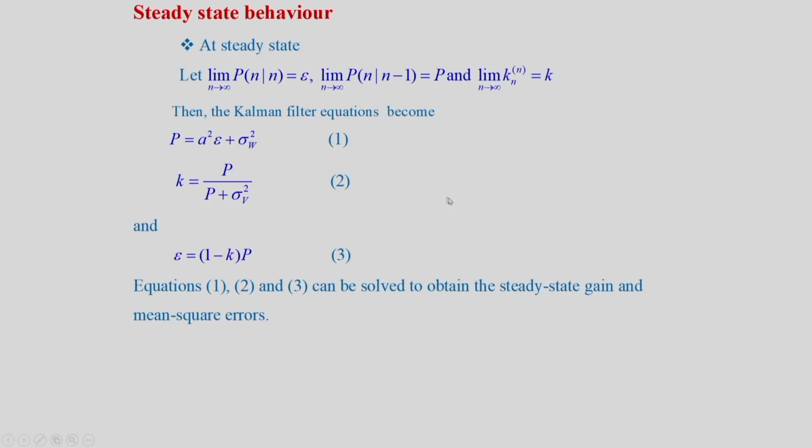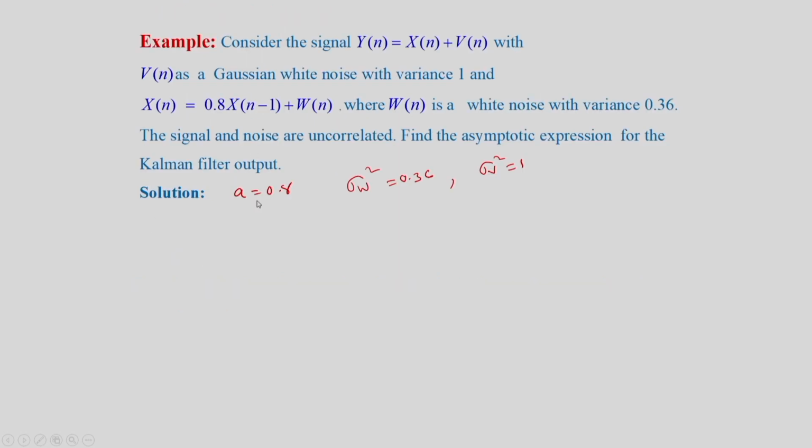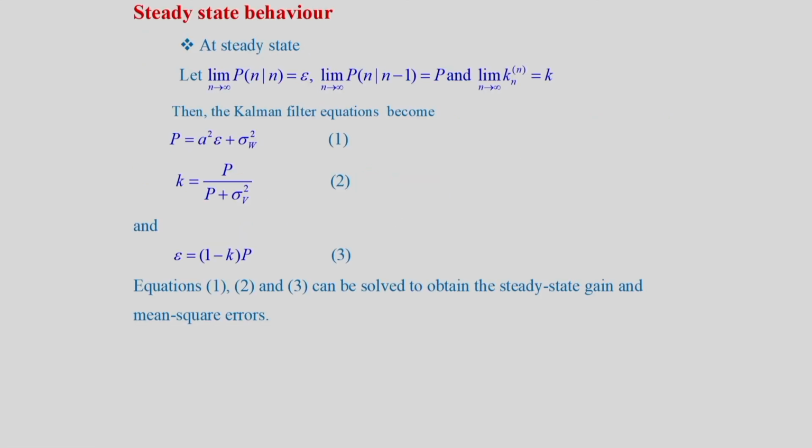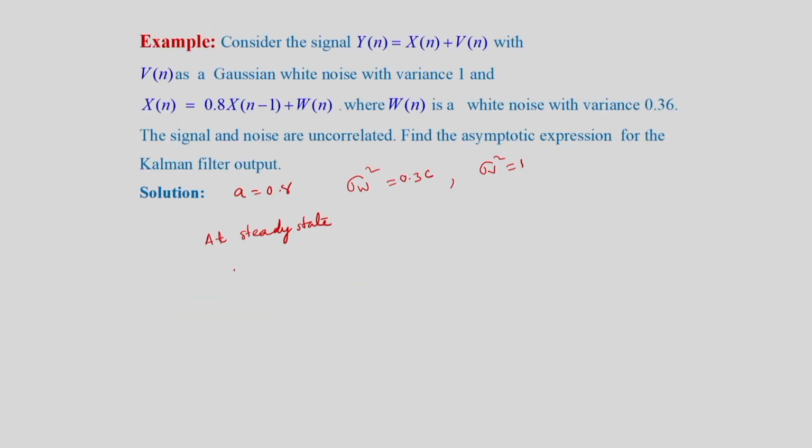So, the first equation will be P is equal to a square epsilon plus sigma w square. At steady state, we have defined P as the steady state prediction error, which is equal to a square times epsilon plus sigma w square.